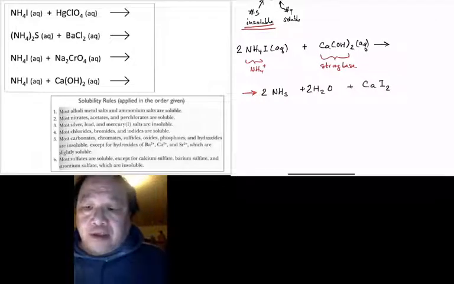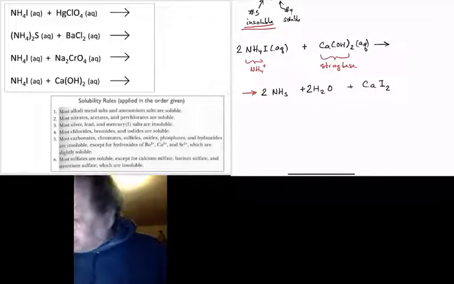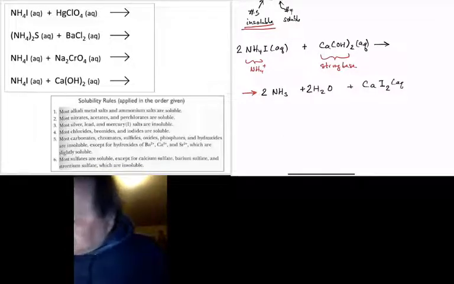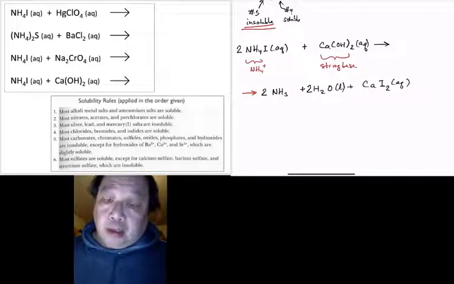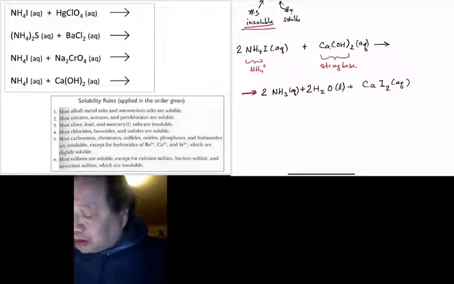They have precedence over any mention of the 3 amigos in 5 or 6, and iodides are soluble, and therefore this is aqueous. Water is a liquid, and NH3, you can either put down gas or aqueous. Both, it really turns into both, and so there is a product, and these are the products. And notice I have balanced the reaction.